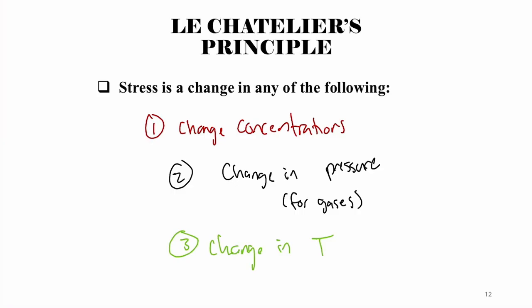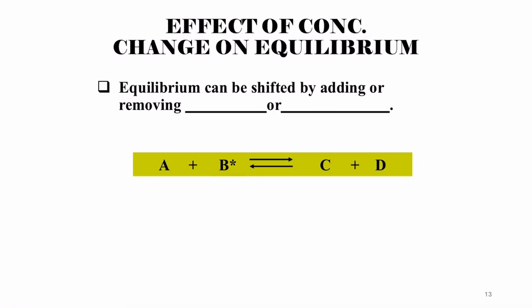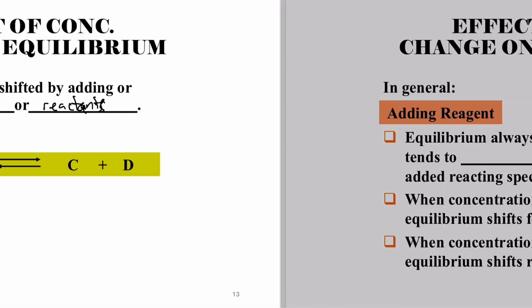And so for the first thing, if we change the concentrations, we can be adding or removing products or reactants. So one way we can change concentrations is by adding something. We can also, if we had a special type of filter, filter only a certain reactant or product.